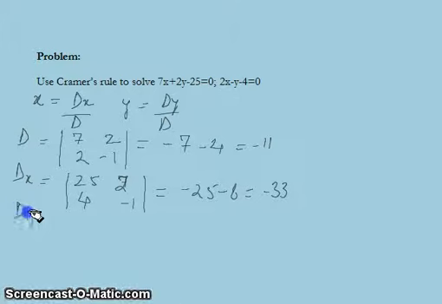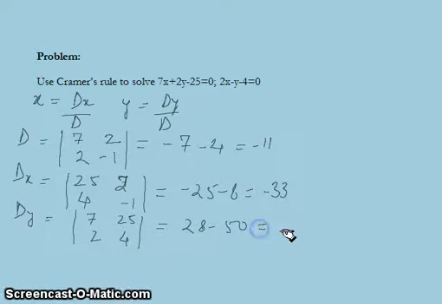Now dy is obtained by keeping the elements of x in the first column, which are 7 and 2, and replacing the elements of y by the constant terms, which are 25 and 4. This gives us a value of 28 minus 50, which is equal to minus 22.